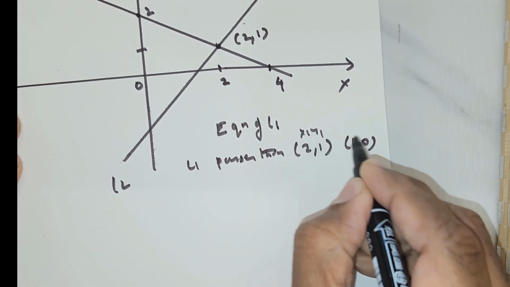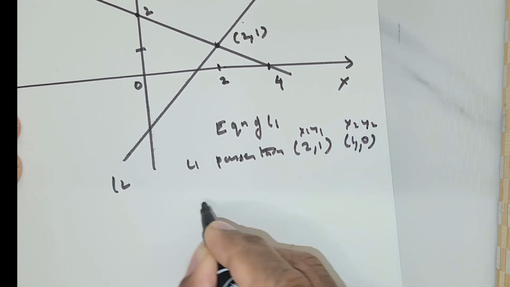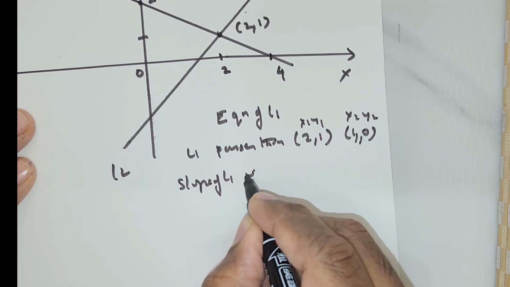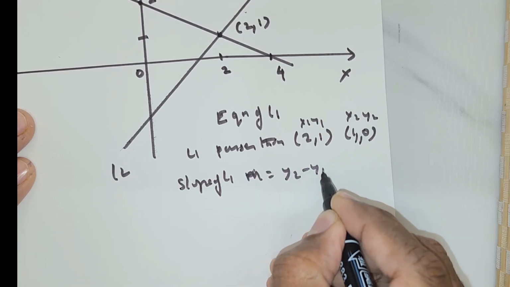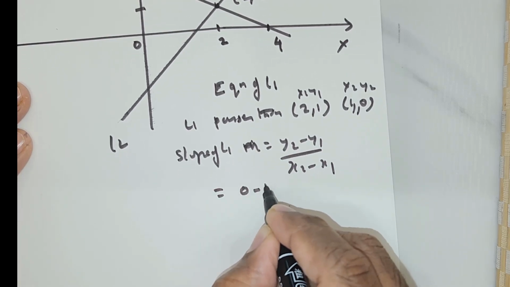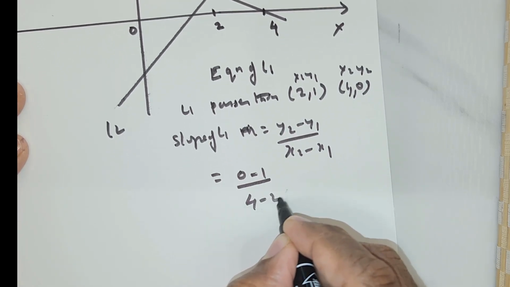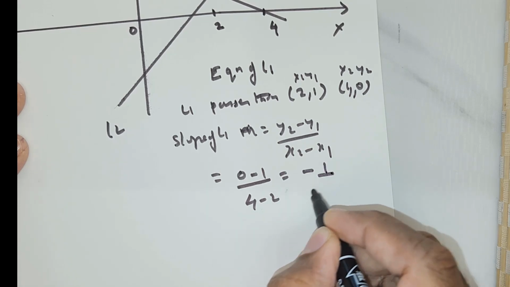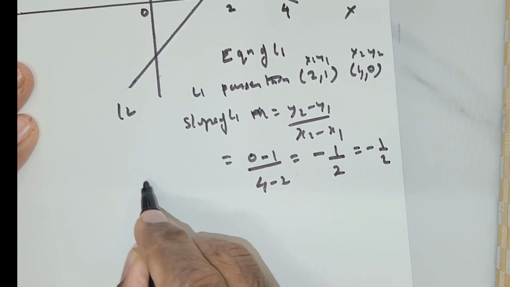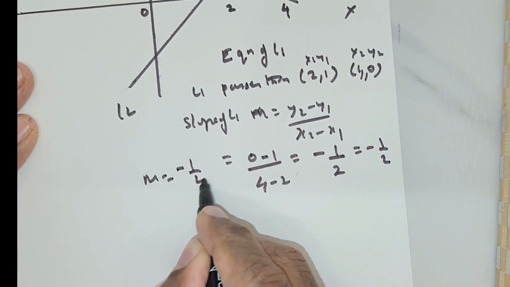So this is x1, y1, x2, y2. So the slope of L1 is given as y2 minus y1 over x2 minus x1, which is (0 minus 1) divided by (4 minus 2), which is negative 1 over 2. So this is my slope.